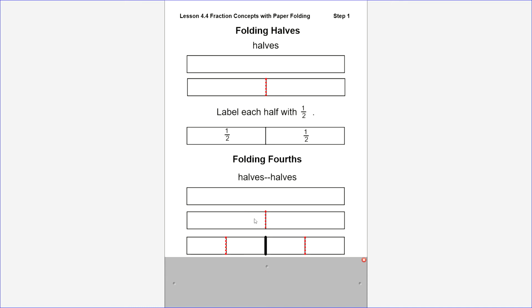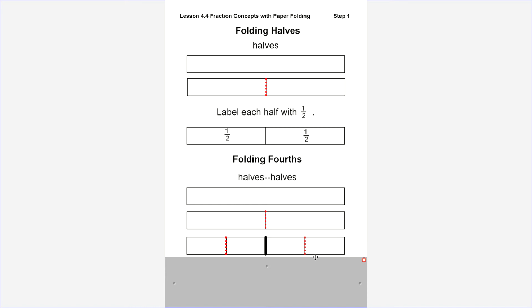So I can either fold it in half twice, or if you're just drawing on paper like me, you can draw 1 line in each half to cut the half in half. You now have 3 folds or lines cutting apart your rectangle, and it makes 1, 2, 3, 4 separate parts.